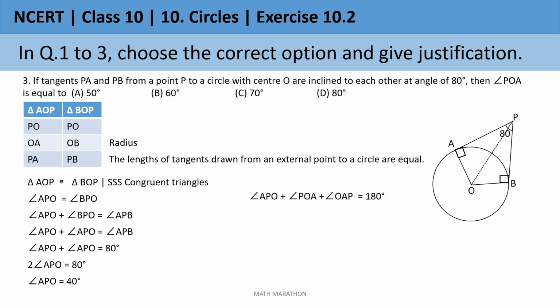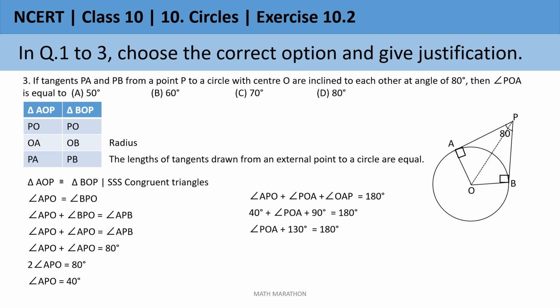We know that sum of inner angles of triangle is equal to 180 degree. In triangle APO, angle APO plus angle POA plus angle OAP is equal to 180 degree. 40 degree plus angle POA plus 90 degree is equal to 180 degree.